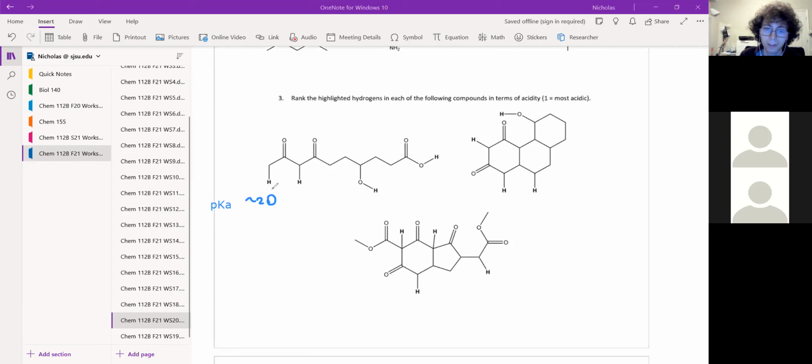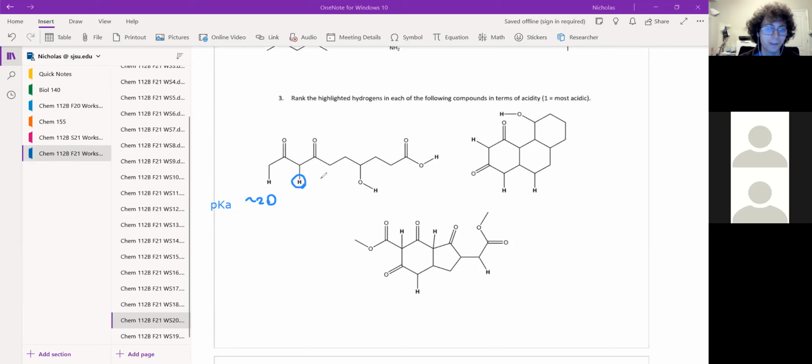That came up earlier. What about a hydrogen like this that's alpha to 2 carbonyls? Can anybody recall what the value was for that? If not, it's cool.